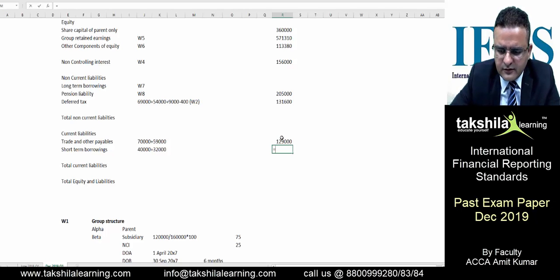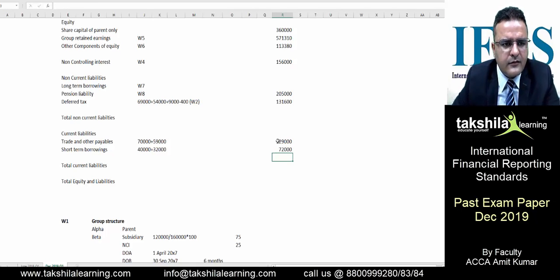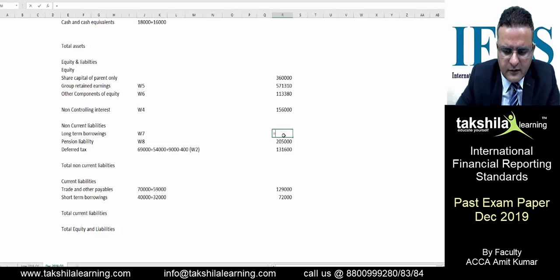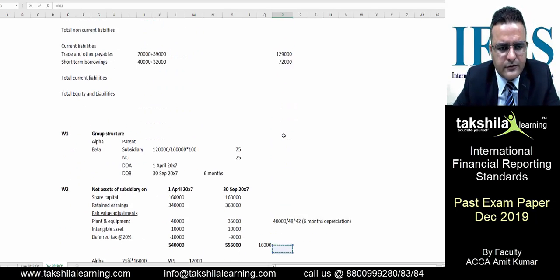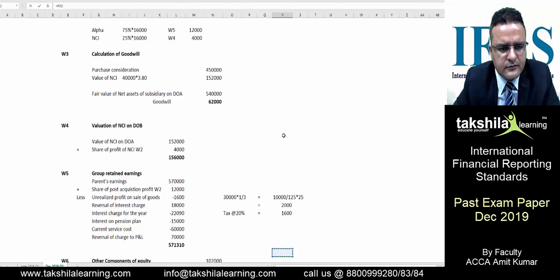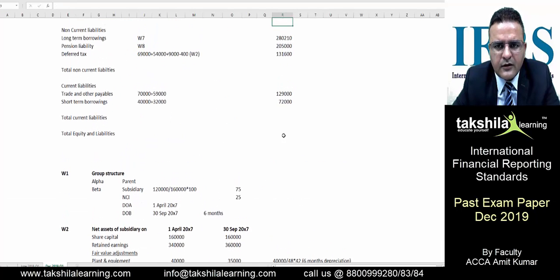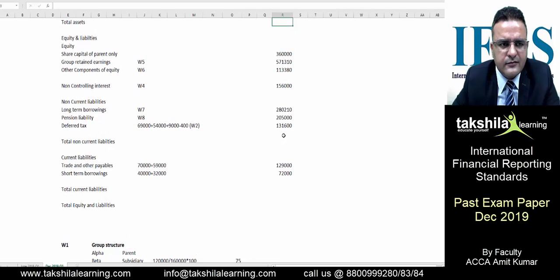Short-term borrowings 40,000 plus 32,000. Non-controlling interest, we have taken long-term borrowings is equal to 280,210, which is the long-term borrowing liability balance.